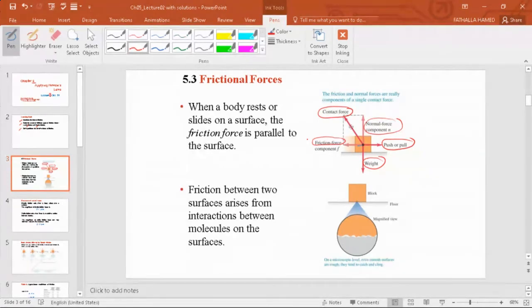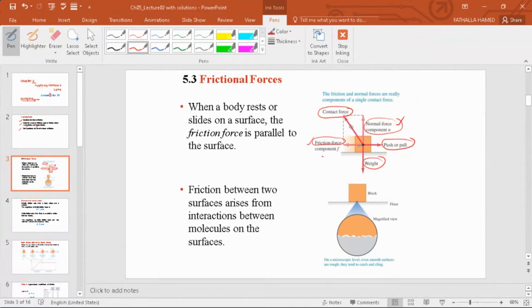So you can regard the forces between two surfaces in contact, in this case the block and the supporting surface, as the force that the block pushes up on the supporting surface, which we call the normal, and then the friction force.